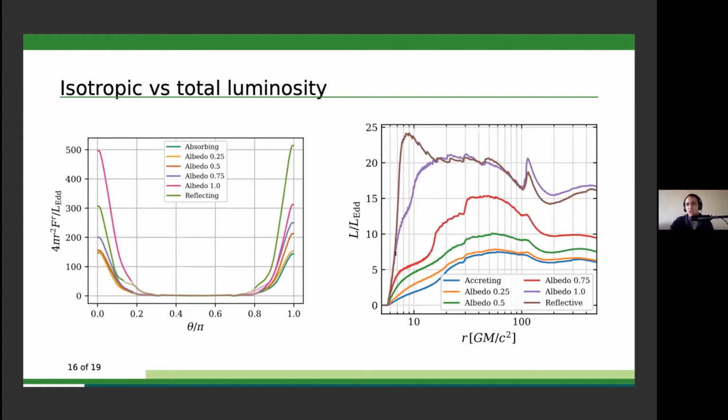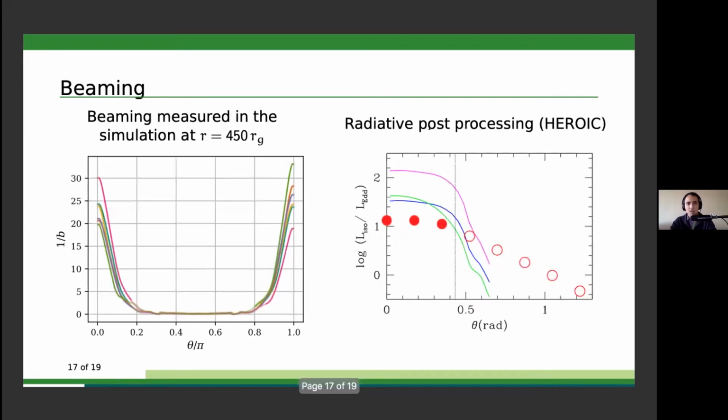So this is only the radiation that's expected to reach the observer. Same thing here. This is the radiation that's expected to reach the observer. This is the radiation that's trapped by the gas. So we can see that the total luminosity is only between about 5 and 15 Eddington. So to calculate the beaming, we just have to divide these two things. Okay, so that's what I've done here.